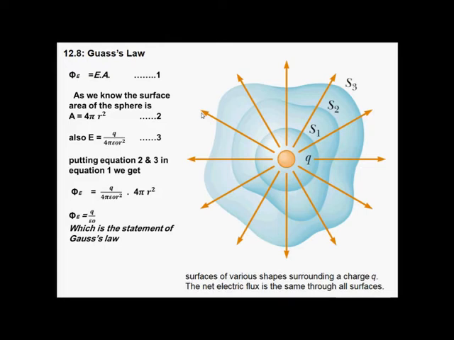By cancelling 4 pi r square with 4 pi r square, we get total flux equal to Q divided by epsilon naught, which is the statement of Gauss's law, that total flux passing through a closed surface is equal to 1 over epsilon naught times the total charge enclosed by the surface.